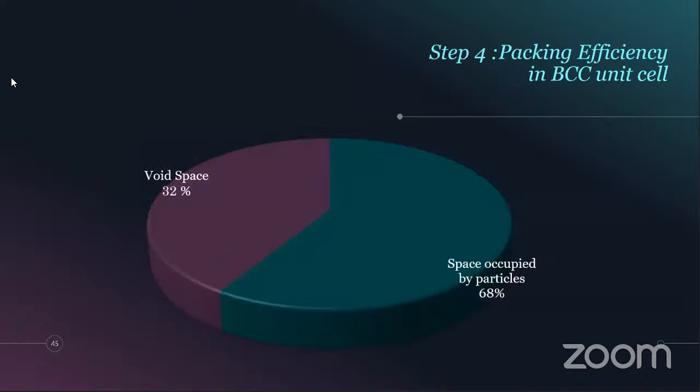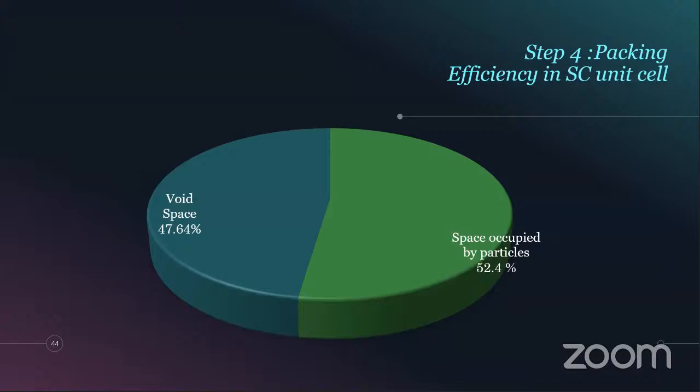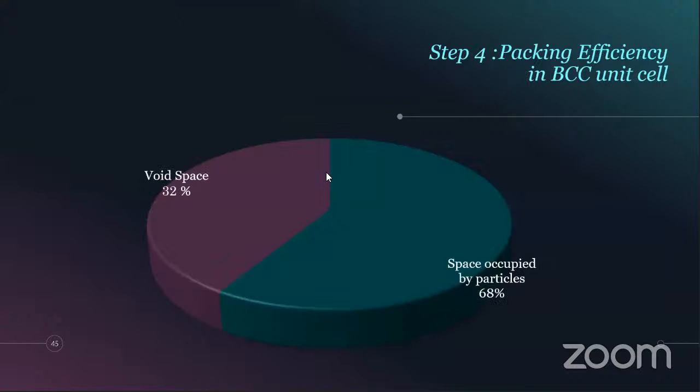Okay. When I go to BCC, now what has happened? Packing efficiency has increased or decreased? From SC to BCC, my packing efficiency has increased or decreased? The void space was very high in simple cubic. When I came to BCC, the void space has reduced. So my packing efficiency must have increased or decreased?